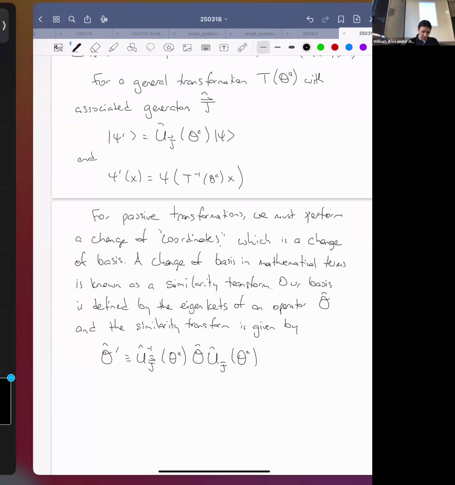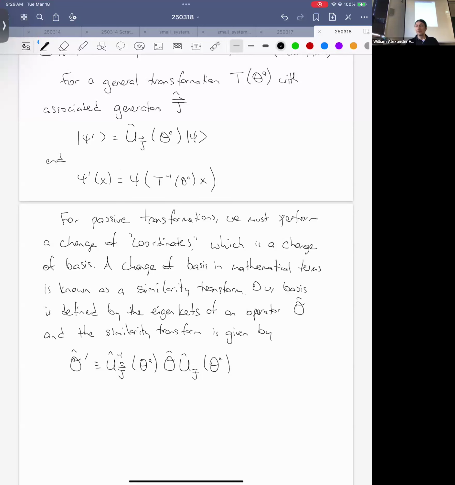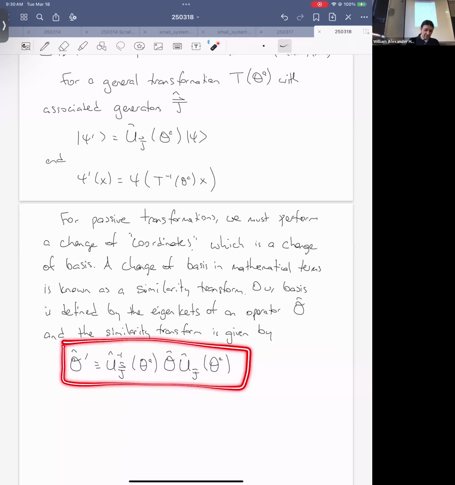And I would like, in principle, for you to have heard of similarity transforms and change of bases in the context of linear algebra. If you have matrices, what does a matrix look like in a particular basis, and then what does that matrix look like in a different basis? And what you do is exactly this. You have some unitary matrix, and then you have the inverse of the unitary matrix.